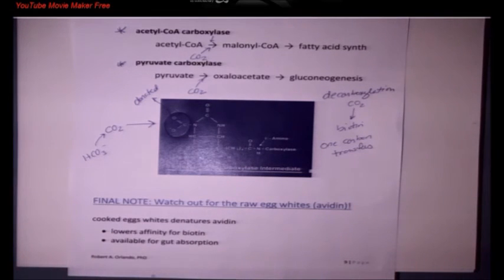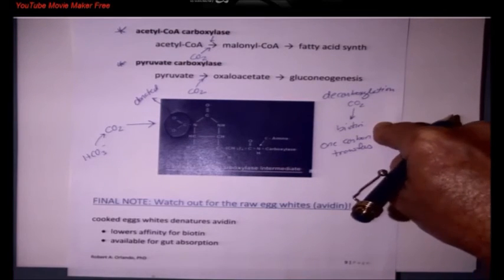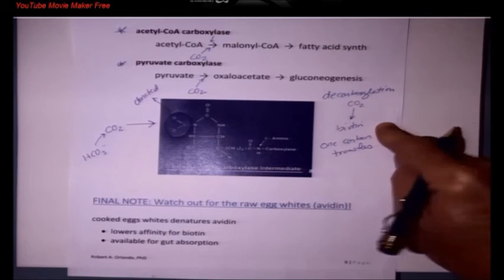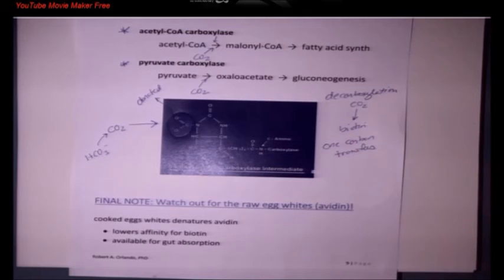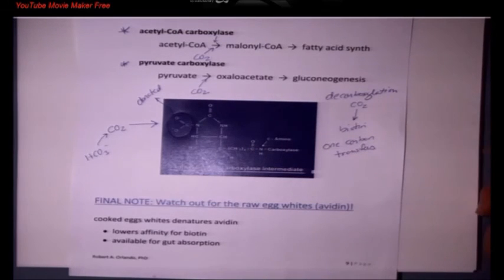And one carbon almost always means CO2, whether we're going to add a carbon or extract a carbon. We'll see tomorrow about vitamins B9 and B12 that are going to have similar types of carbon transfer abilities. But this one here is involved in CO2 transfer.